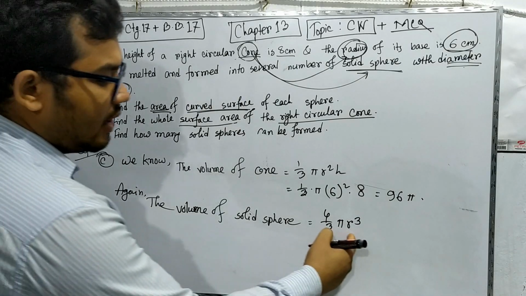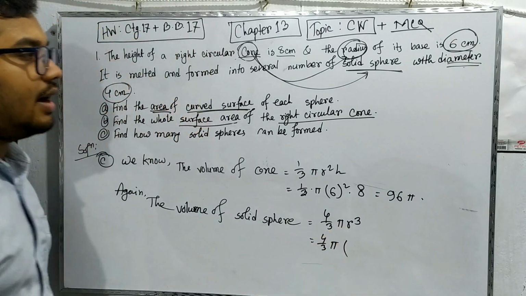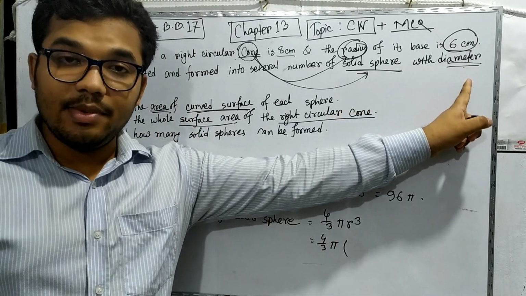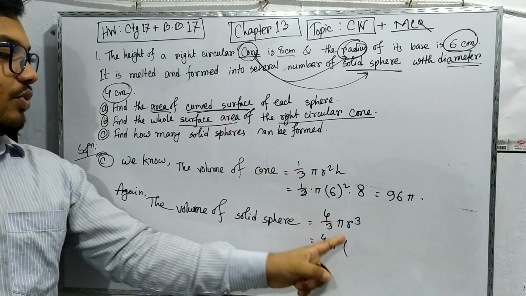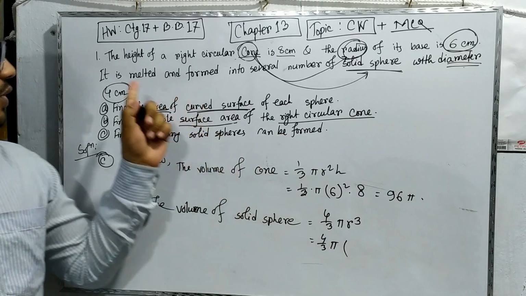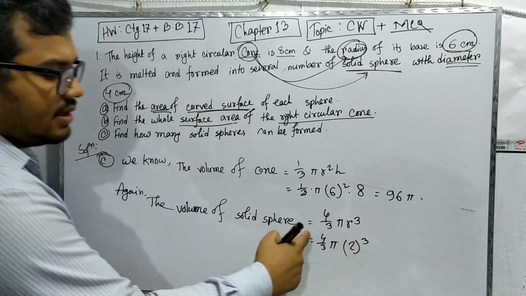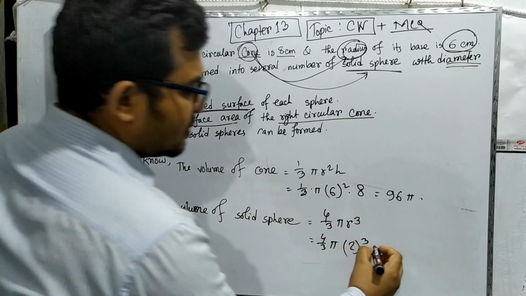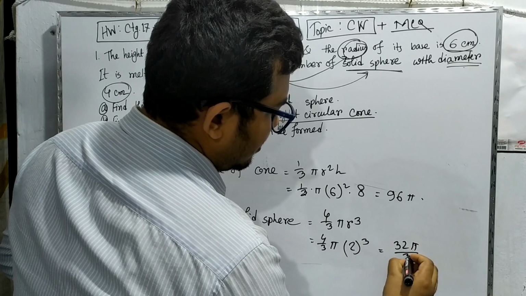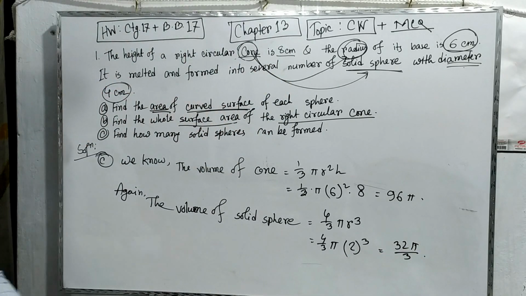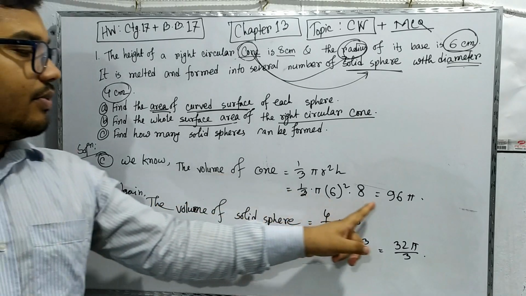So just putting the value of r in here, 4/3 pi, and the value of r here was given as the diameter, and we know the diameter can be converted into radius by dividing by 2, so it will be 2 cube. So it will be 8 into 4 divided by 3, so 32 pi by 3. This is the volume of solid sphere, and this is the volume of cone.